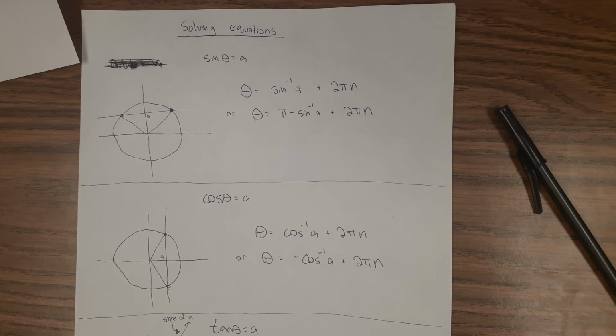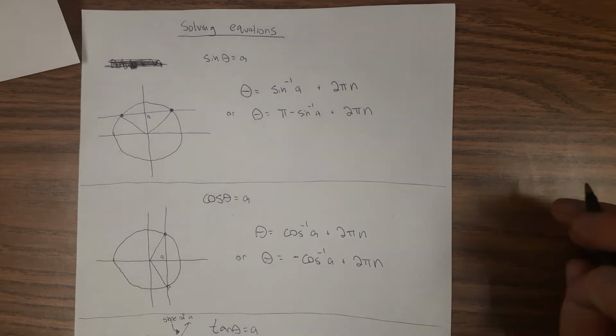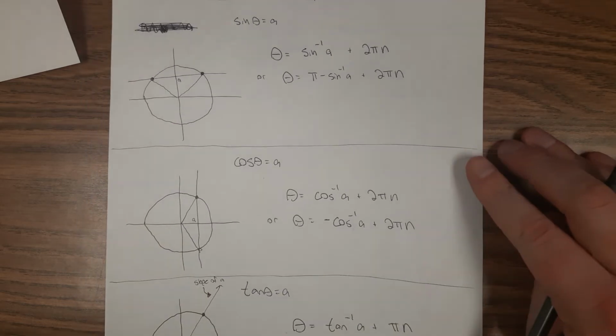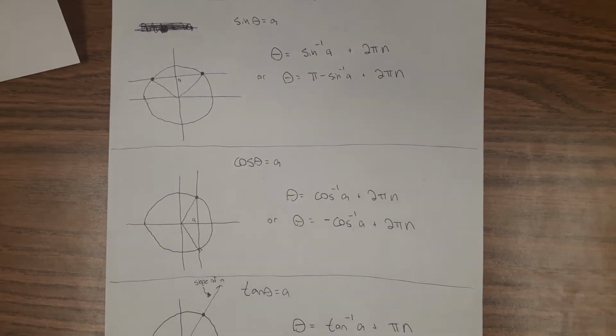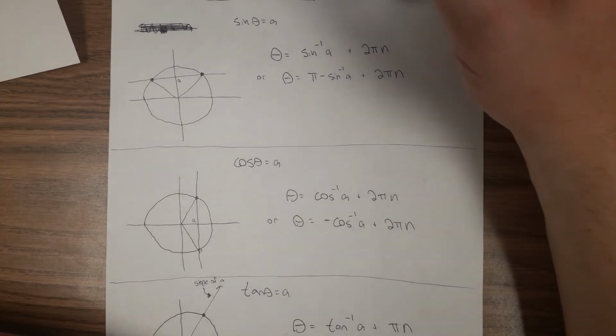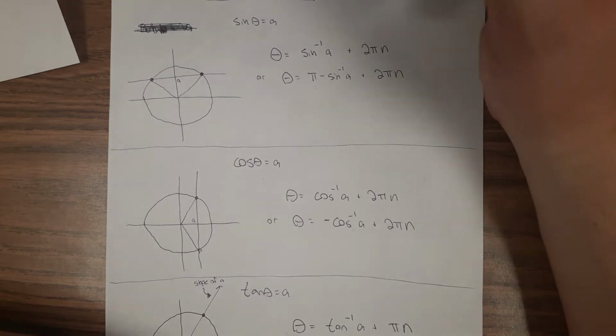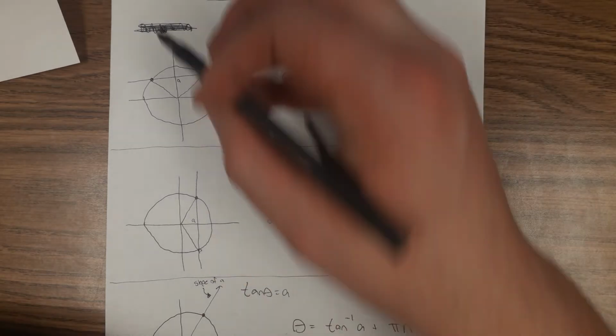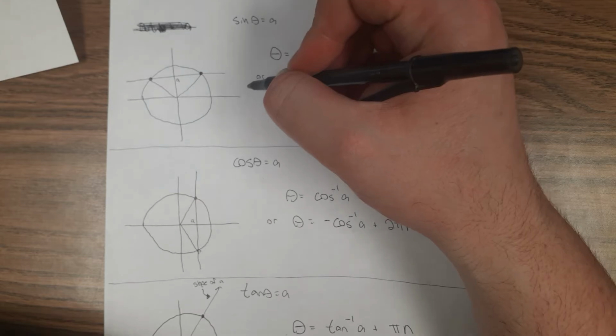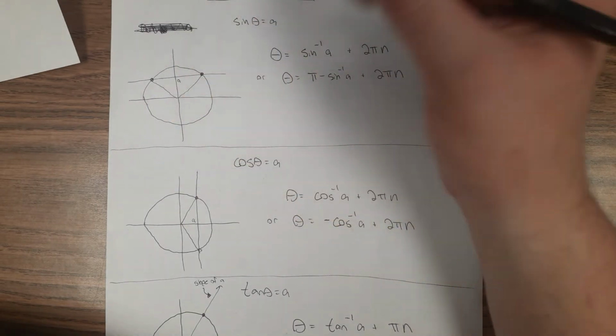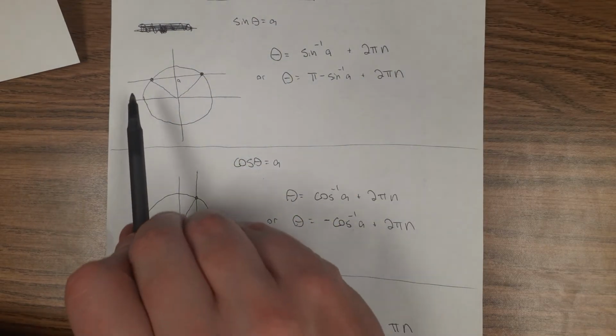So here's how this goes, and I've tried to make this so that it makes sense, so that it's easier to remember. First of all, what if I'm trying to solve something like this? Sine theta equals some particular number a, and I want to find all the numbers theta that satisfy this equation. I drew this picture, which helps me remember what to do.